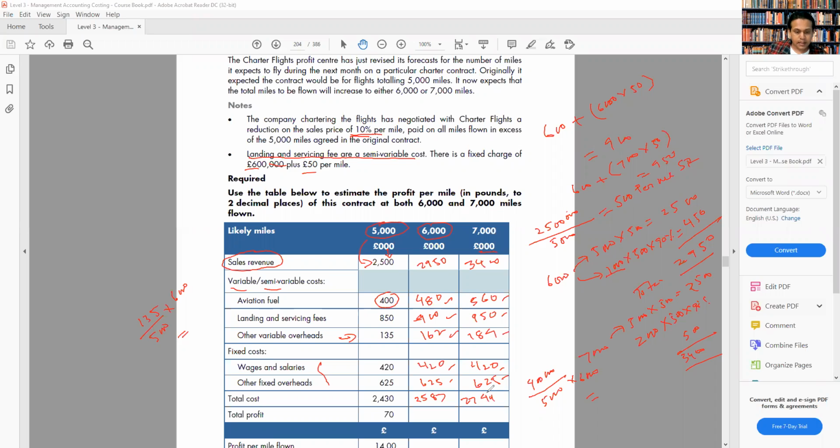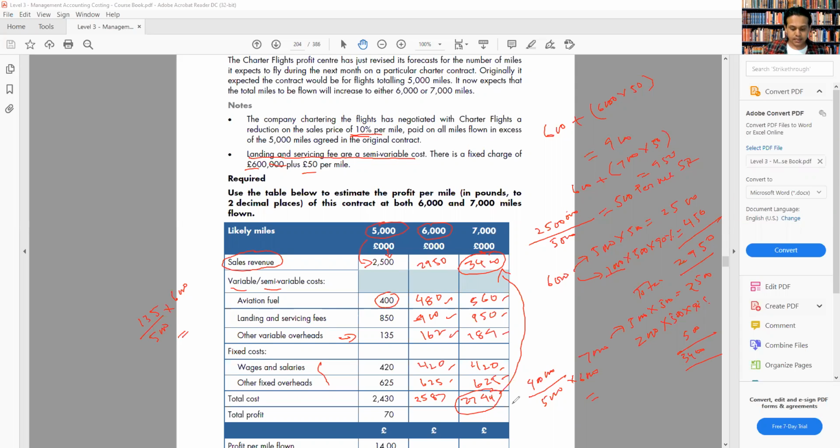All right. And you have to find the total profit. How to get the total profit? Sales minus total cost, isn't it? So this is my sales, 3,400 here, and this is my total cost. If I subtract the total cost from the sales, that will give me the profit. So 3,400 minus 2744 will give you the profit for 7,000 mile.